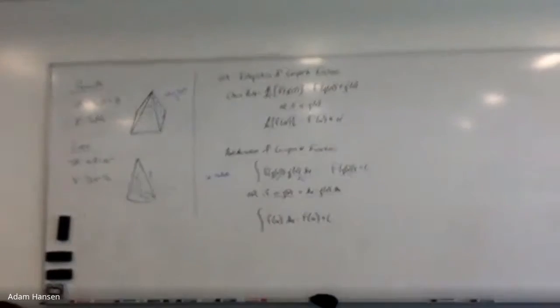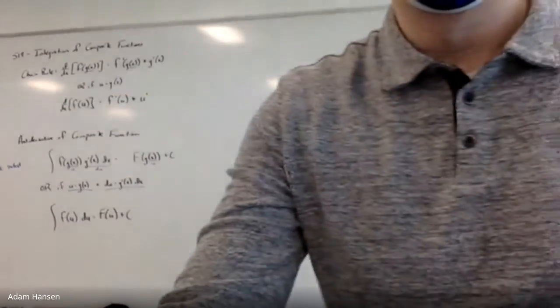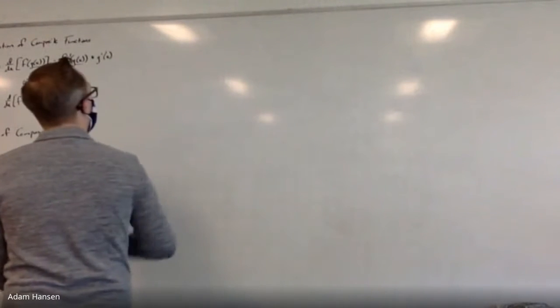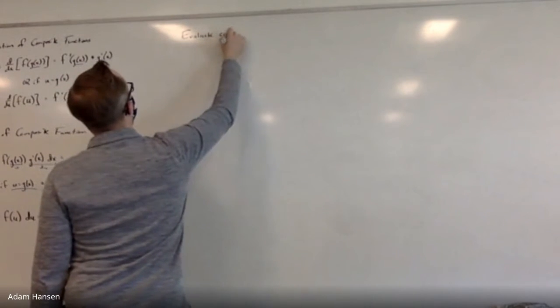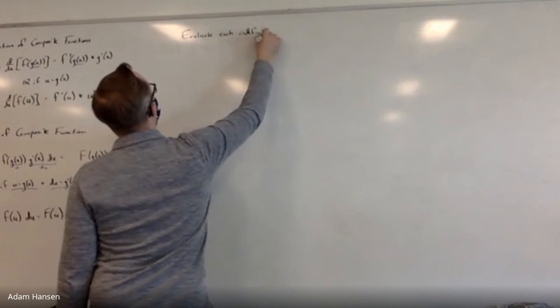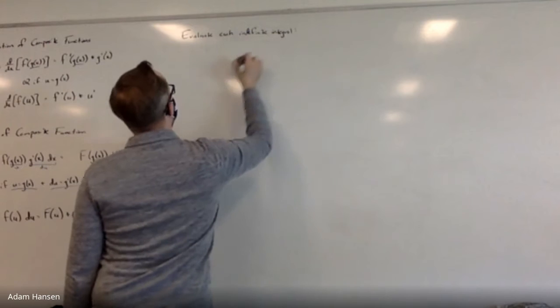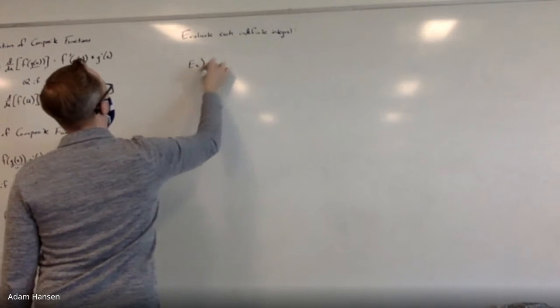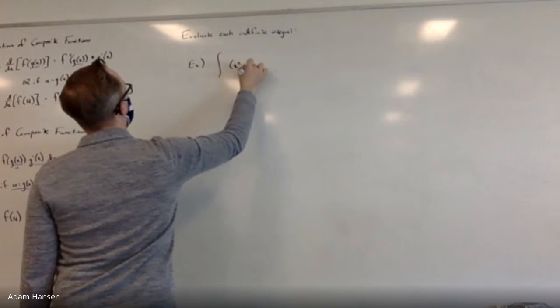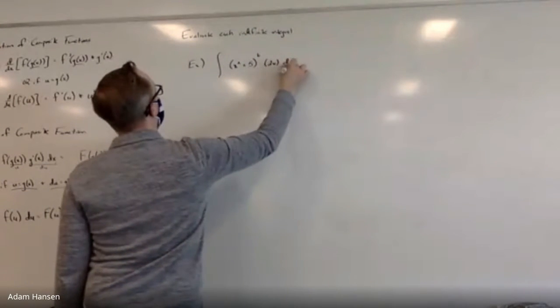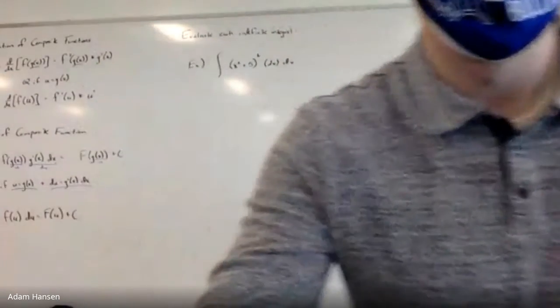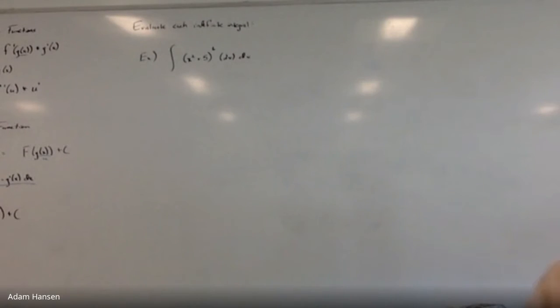Then let's do this. Let's use this u-substitution technique to take antiderivatives of composites, switching around the chain rule.